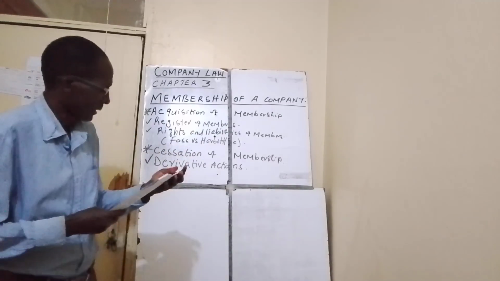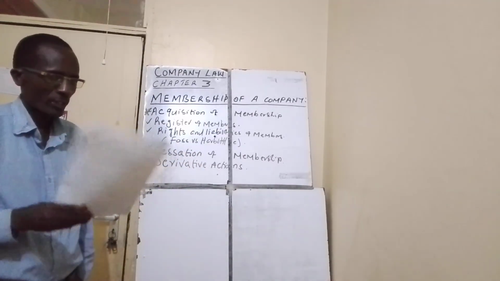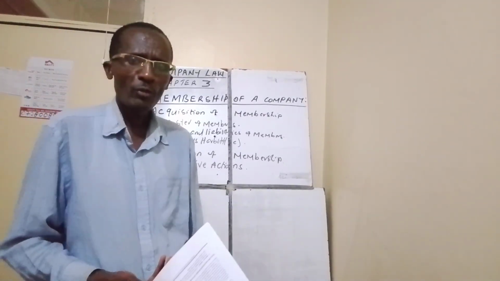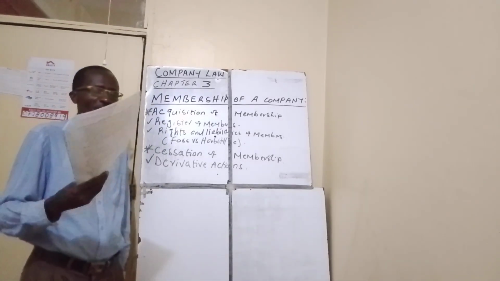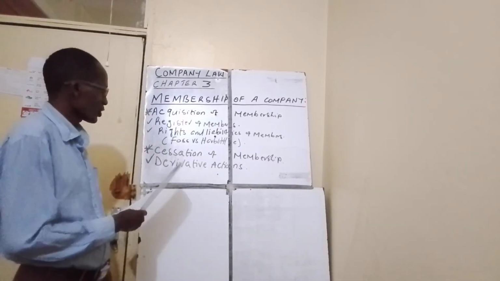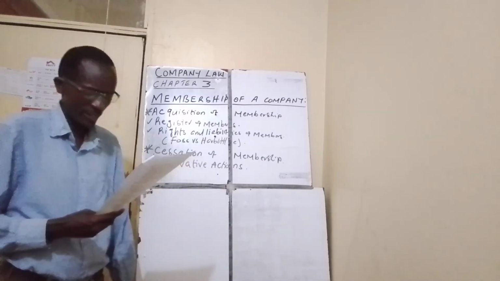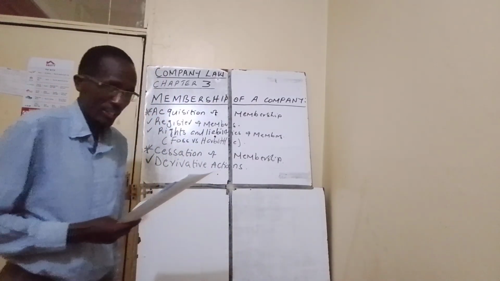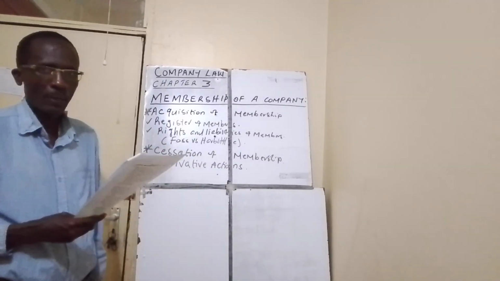So the most important thing here is for you to know what a derivative action is. You can find out different meanings when you are doing your research. A derivative action is used in company law. I have mentioned what it is, and you mentioned it earlier on.